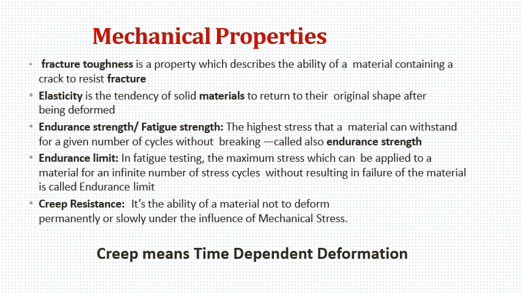So how much resistance it offers to a crack, we can find out that fracture resistance. Next, elasticity of a material. It is the tendency of a solid material to retain its original shape after being deformed.